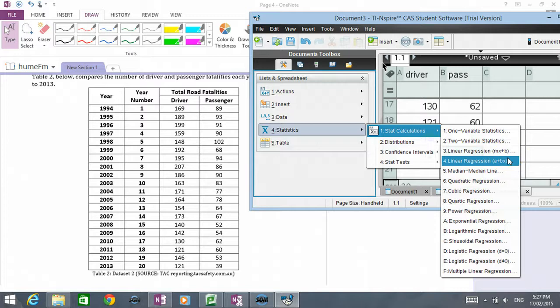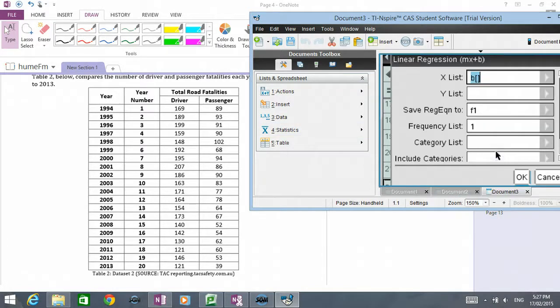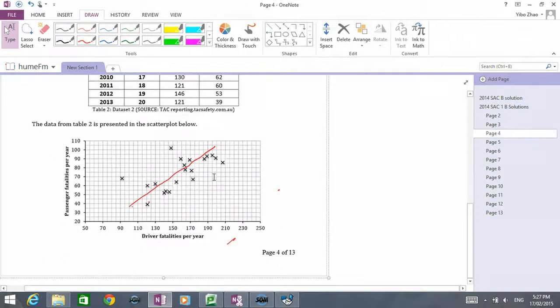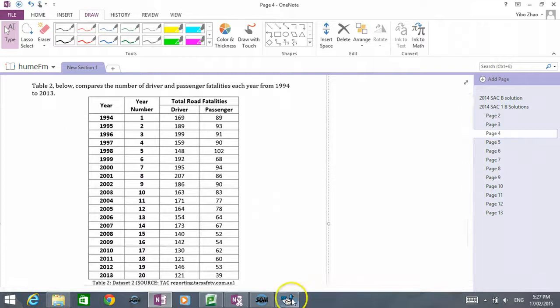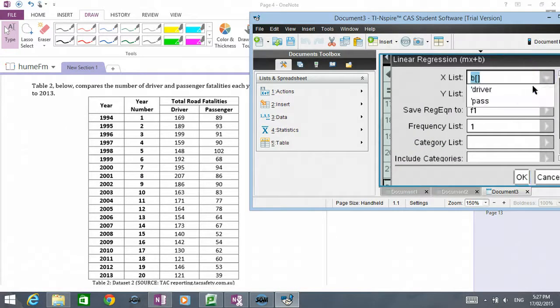In this case 3 and 4 are going to be the same thing, so I just click on it. It asks me for the X list. Now we look at the graph. X is the horizontal one. The graph tells me my X should be the driver, and my vertical one should be the passenger. So on my calculator, my X should be the driver and my Y should be the passenger.